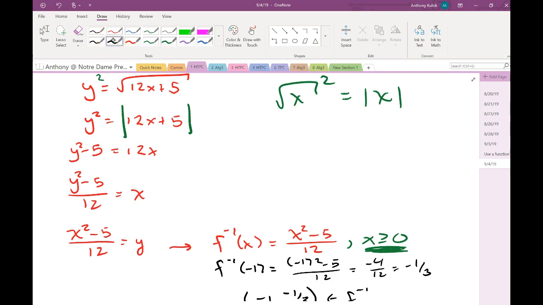Again, these details are not something I'd expect you to talk about or notice in a test setting, like the domains don't really match, and this is maybe not exactly working as an inverse. But they're things I want us to get used to thinking about going forward, because it becomes pretty relevant later on this semester. Okay with that idea? If it gets to test review time and you want more clarification about what is fair game and not fair game, I'm happy to answer those questions later on.